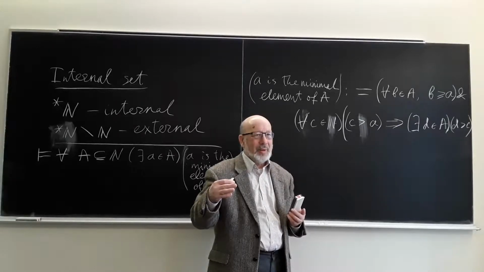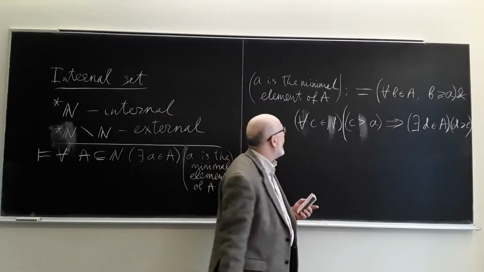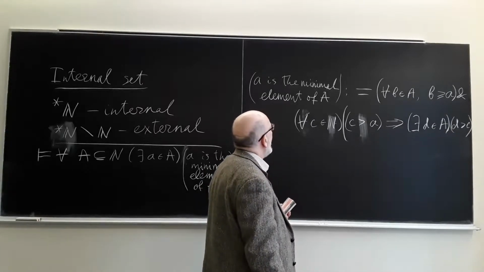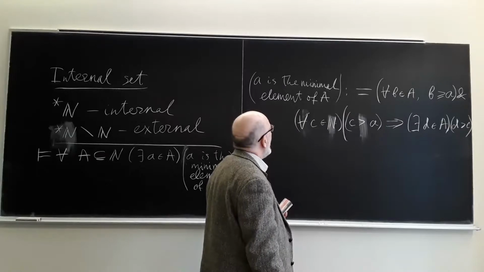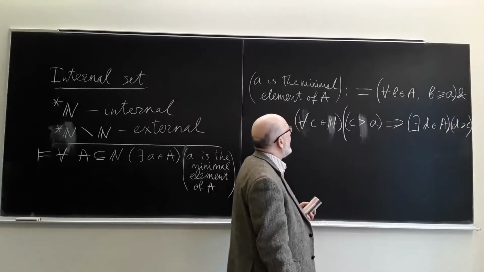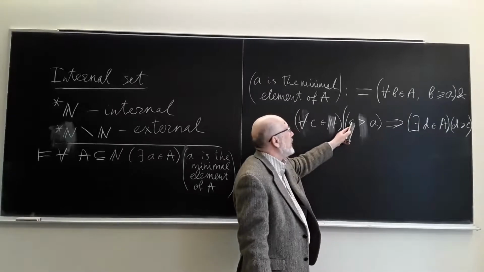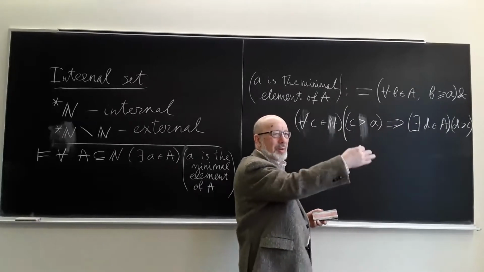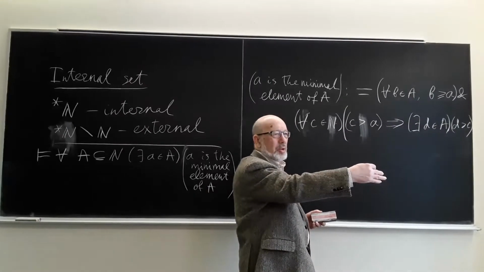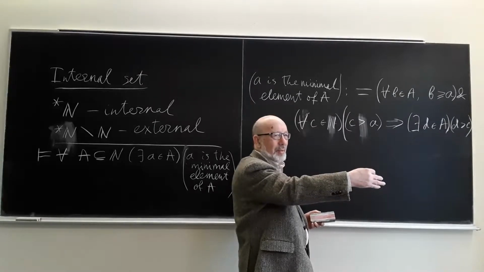But isn't the second line trivial because of the fact that a is an element? If we assume that if you take any other number which is smaller, then there will be some elements of our set which are larger than c.